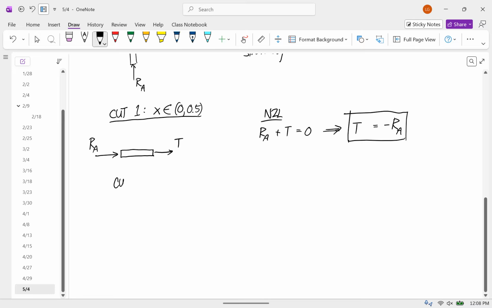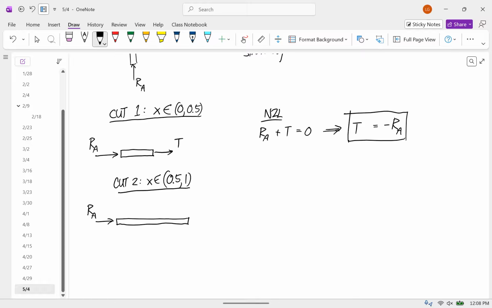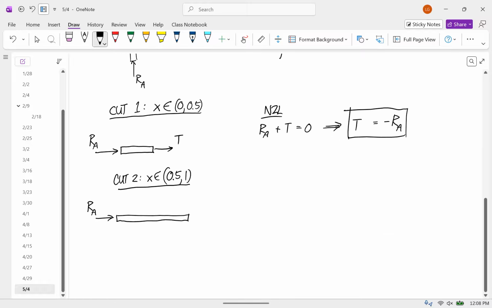And then we'll go to cut 2. We still have RA. This time we've made it past the 20,000, which would be going this way. And then here's our internal tension.